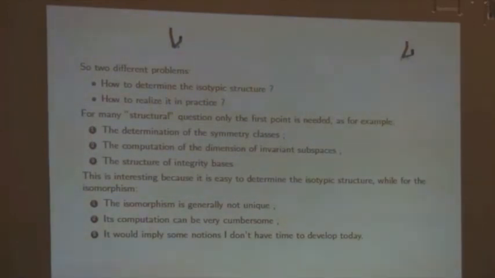The only thing that is important to understand the number and the type of anisotropy you have is just contained in the structure of your space, not in a particular way to realize the decomposition. If you know how to determine the structure of your space, everything is known. And you can, in a second time, try to obtain one explicit decomposition. But it's useless in practice to have this decomposition to obtain a result.